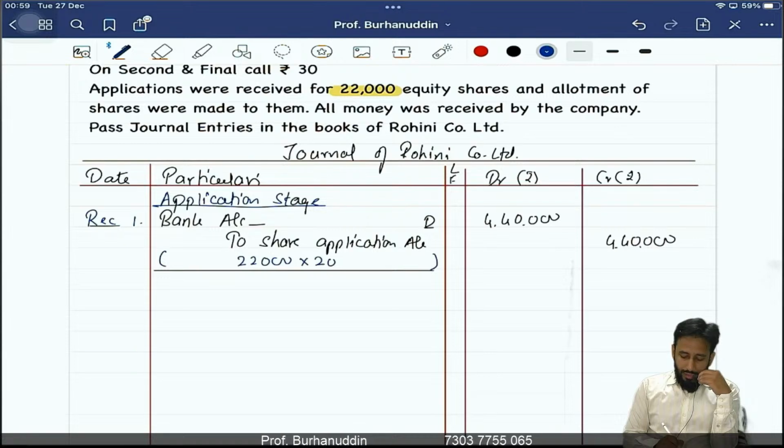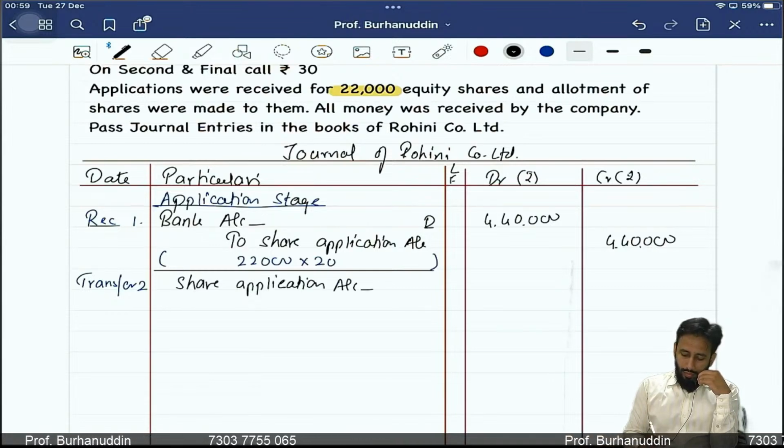The second entry, guys, is your transfer entry. Tell me, what is the transfer entry? It will be share application account debit to equity share capital account.